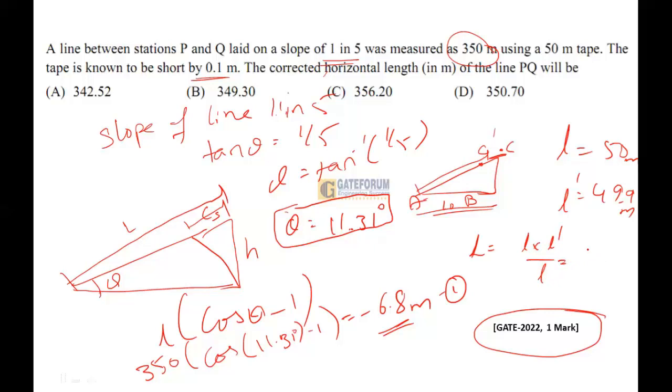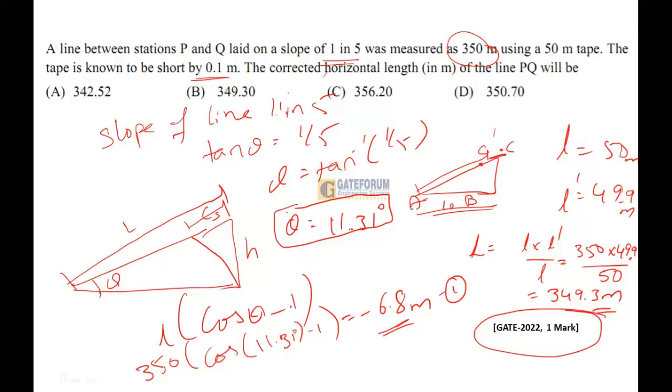The measured length is 350 meters into 49.9 by 50. So the correct length of the line is 349.3 meters.